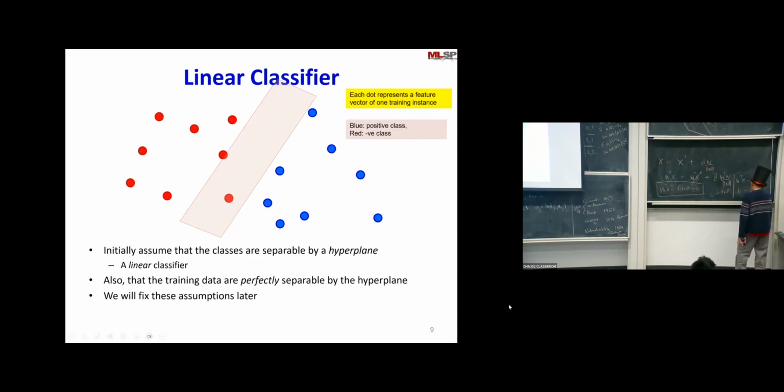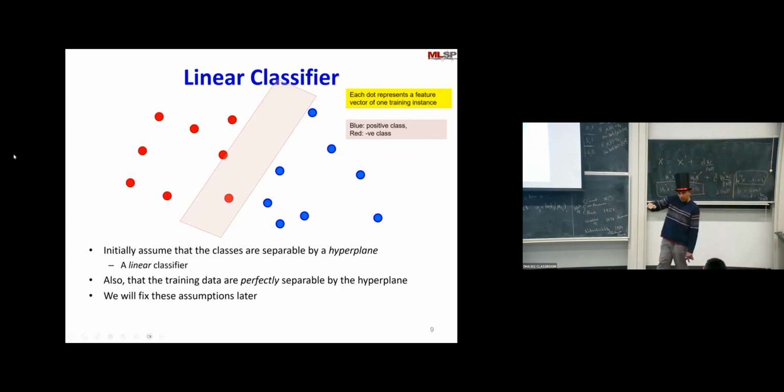So distance equals b over the norm of W. This is a plane that's at 90 degrees to W and at a distance b over the norm of W from the origin. Everyone with me?